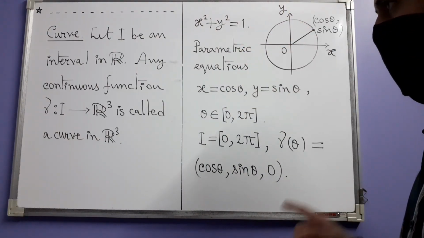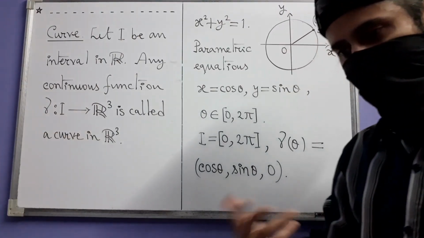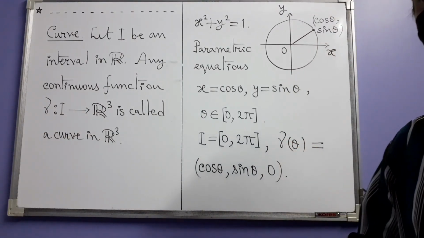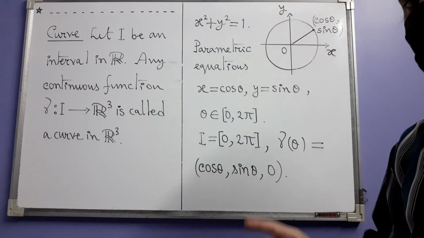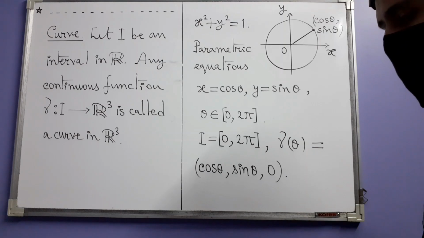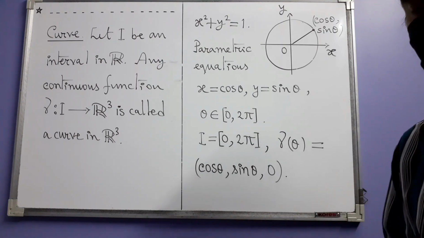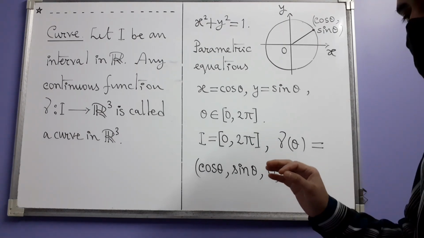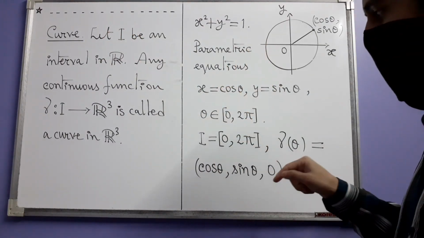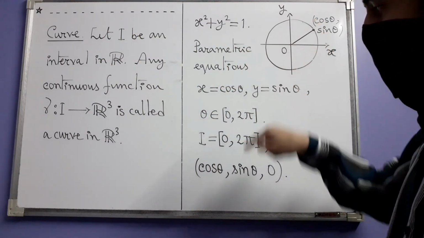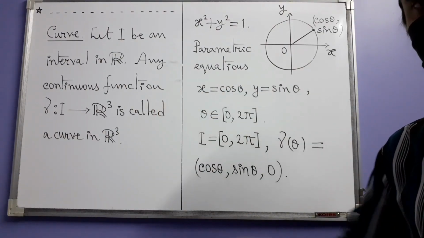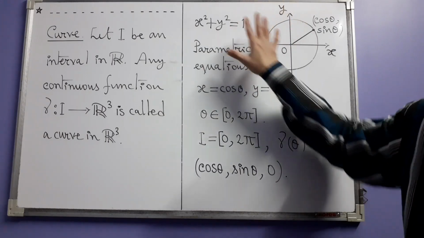So the reason for calling gamma itself as the curve is that gamma has more information than merely the circle. It not only tells us that the curve should be this circle, but it also tells us how to draw the circle. If you want to really be strict about calling only the geometric object curve, then the curve is nothing but the image of this function gamma, gamma of I in three-dimensional space.